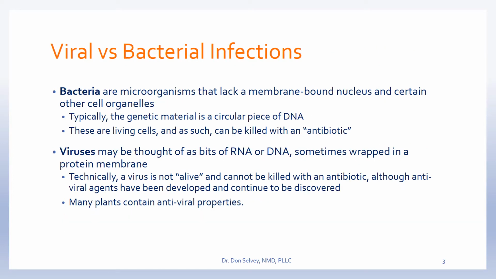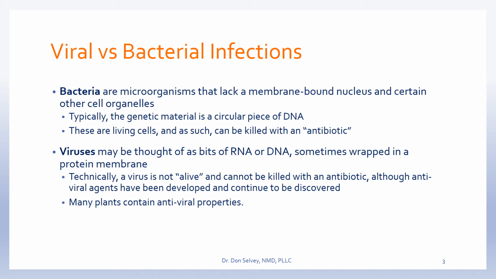So a word about viral versus bacterial infections as we get started here. Bacteria are microorganisms that have a nucleus. It's not membrane bound, but they do have a nucleus. They have certain other cell organelles. Typically there's a piece of genetic material. It's almost always going to be DNA, sometimes called a plasmid.